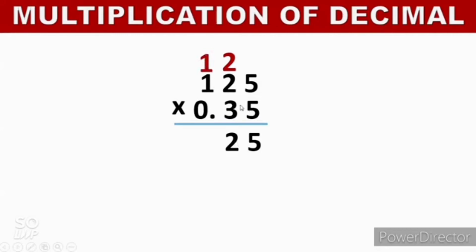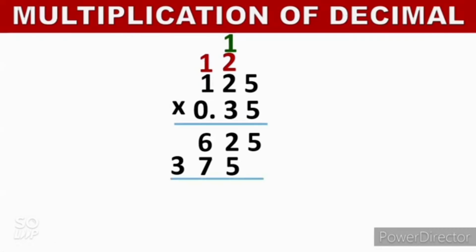So 5 times 1 is 5 plus 1 equals 6. The next, 3 times 5 equals 15. Then carry 1. Next, 3 times 2 equals 6 plus 1. So we have 7. 3 times 1 equals 3.